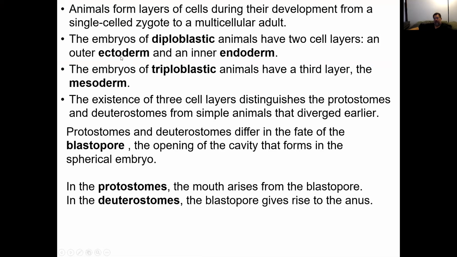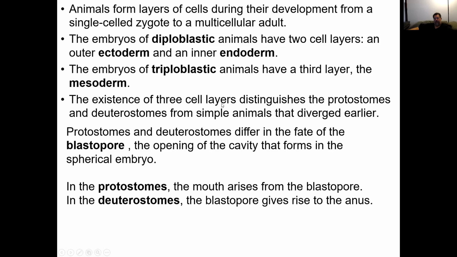Like, for instance, the ectoderm becomes, in us or in other animals, a lot of animals, where the nerves are found, and the endoderm is where the digestive system was found, like in the case of jellyfish. But we're actually triploblastic, and more advanced animals are triploblastic, as I just mentioned in the previous slide, where the mesoderm becomes muscles and other tissues. And so that's a big advancement.